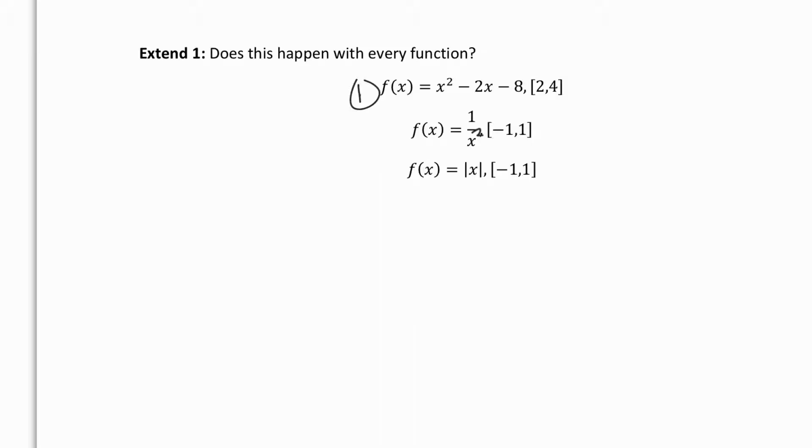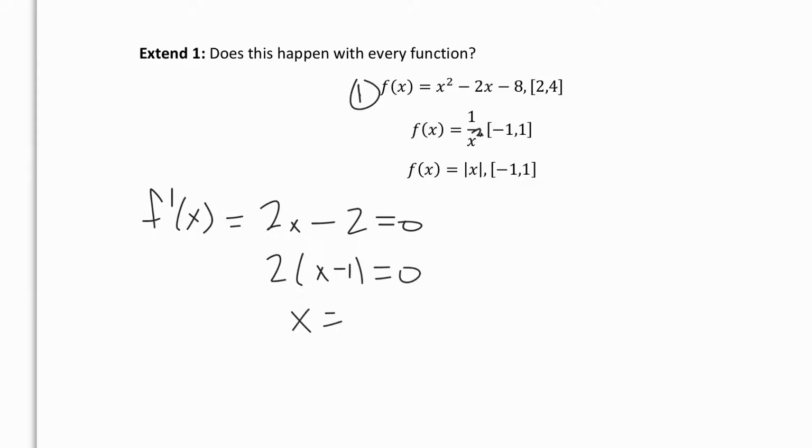This is number 1. F prime of x will be equal to 2x minus 2. Okay, but the interval is 2 to 4, so if we set this equal to 0, we get x minus 1 equals 0, so x equals 1.